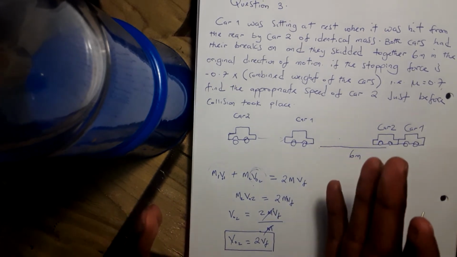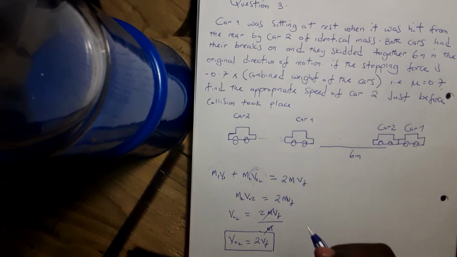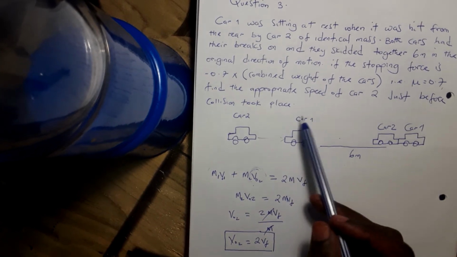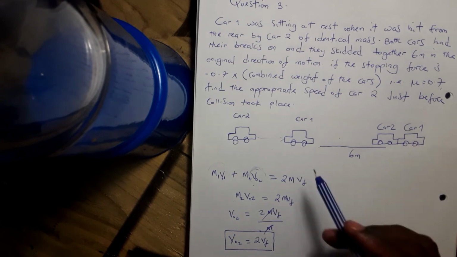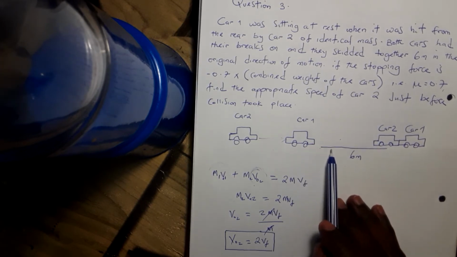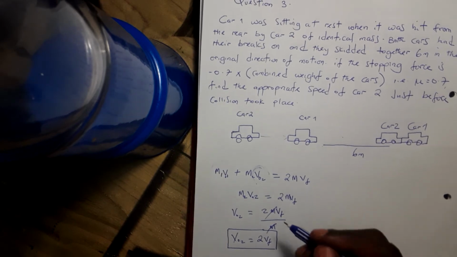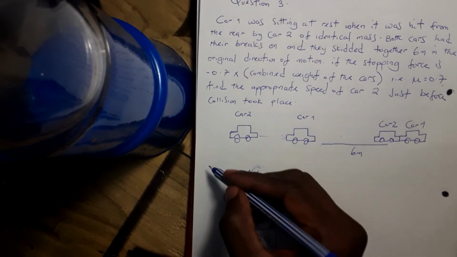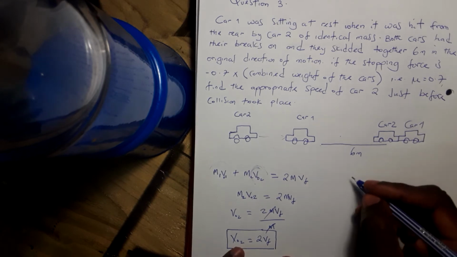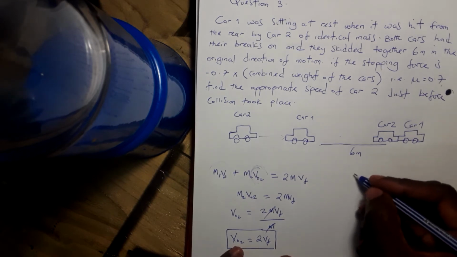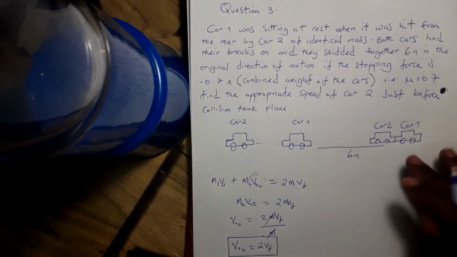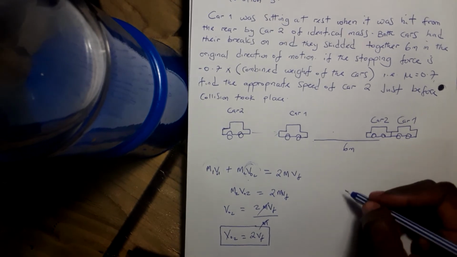Remember, of course, this question has got 2 parts. So we've got the first part for the collision, okay, then the second part for the moving of this 6 meters distance. We found the first equation, then we'll find the second equation using the work energy theorem.